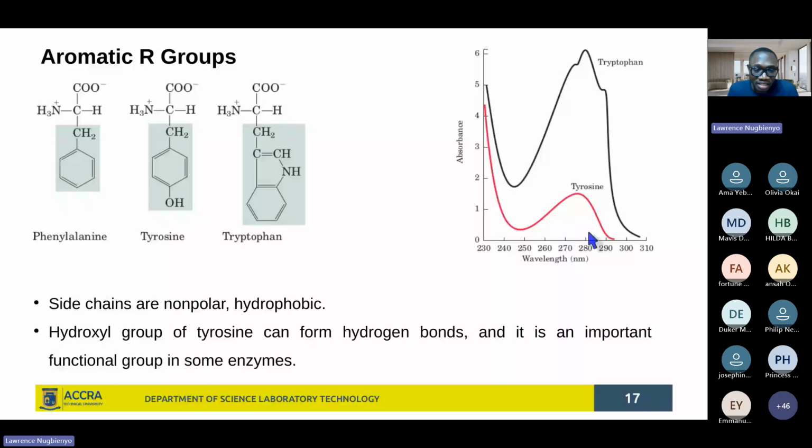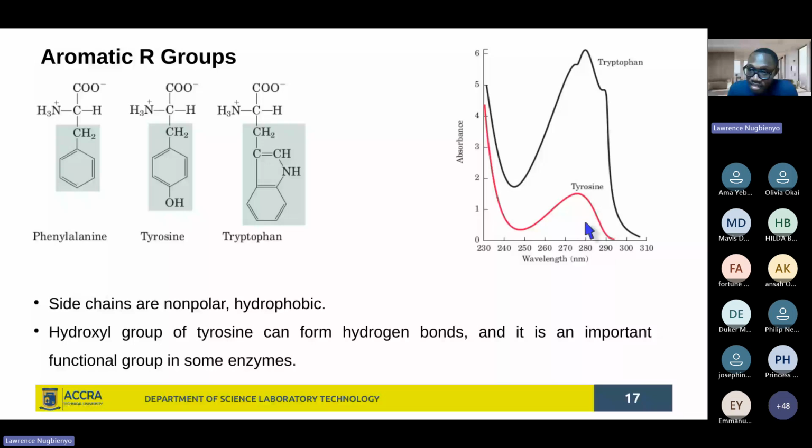Why 280 nanometers? Because in the protein structure you find these amino acids, particularly tryptophan, which has two rings and is responsible for the absorbance of monochromatic light at 280 nanometers.